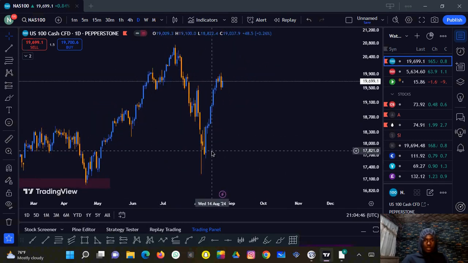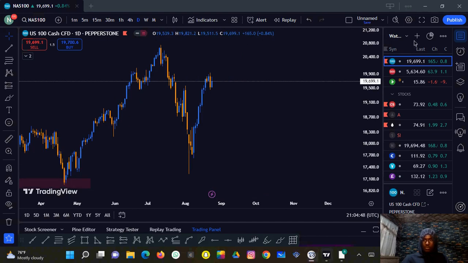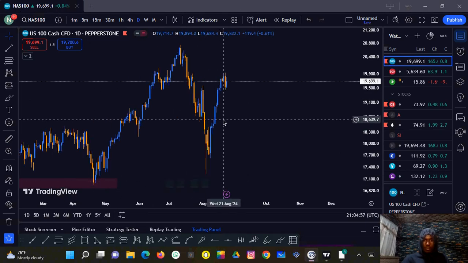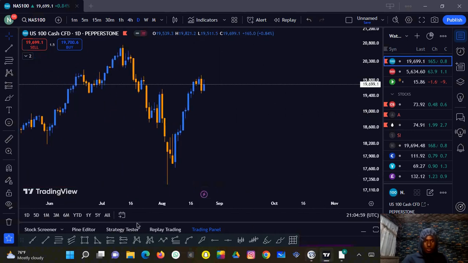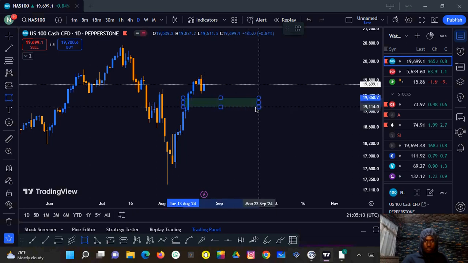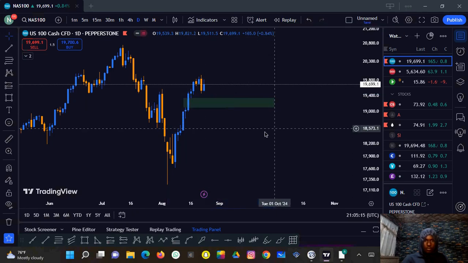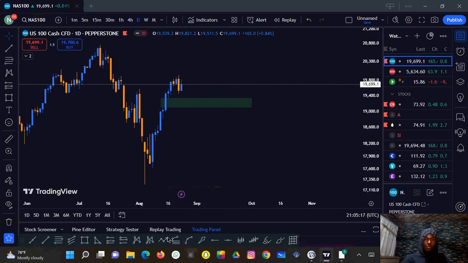We can anticipate that the market will maybe drop into this kind of fair value gap, and then continue upward.